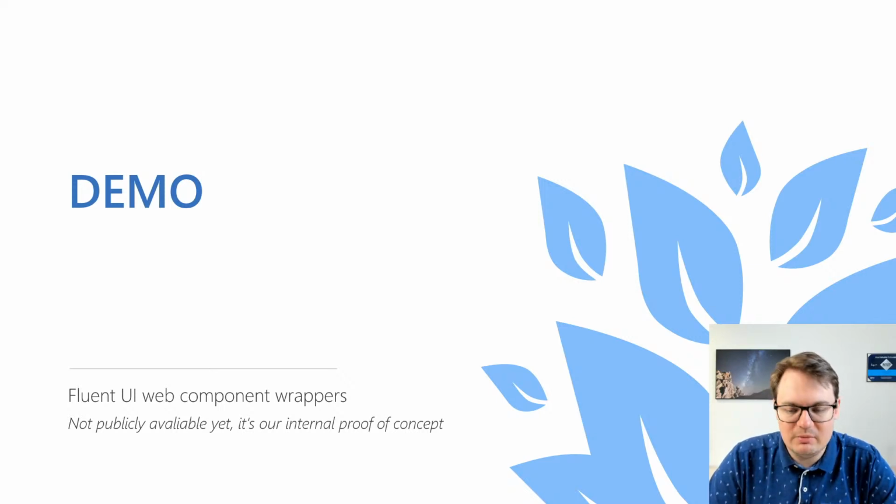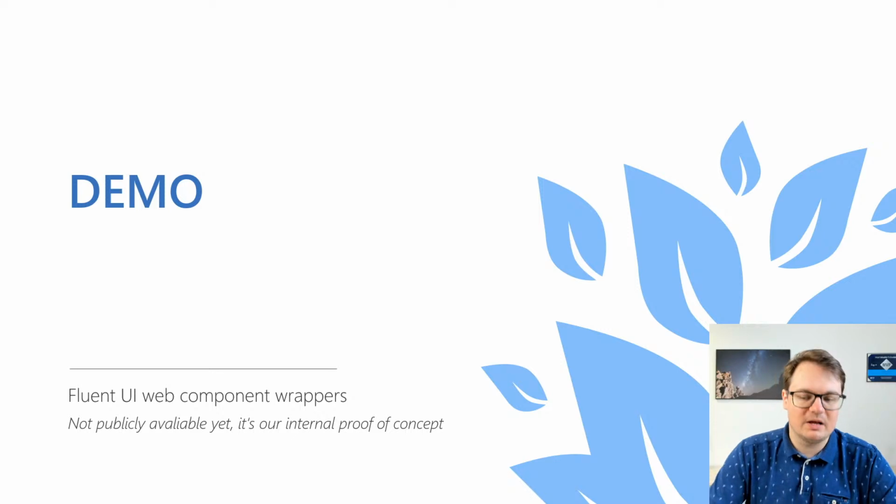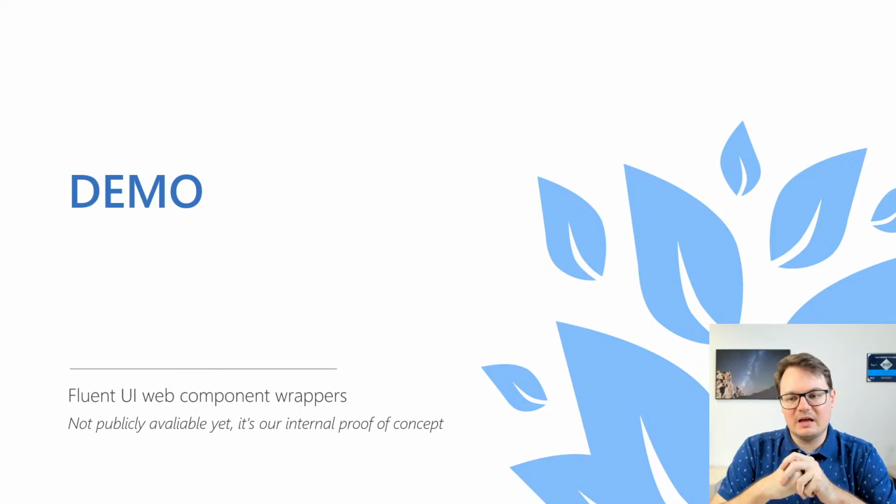This project I will be showing is not publicly available yet, but we are working on it, and we are still deciding if it's a good idea or not, and also we are waiting until the Fluent UI team adds the missing components, and we are not sure if we will publish this as open source or as a paid product. We are still thinking about it, because it would be similar to Bootstrap for DotVVM.